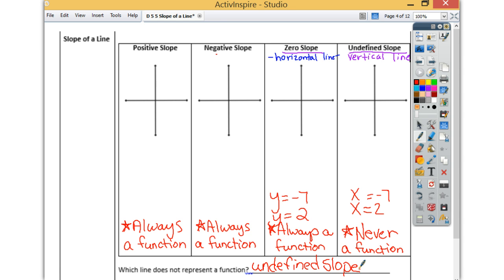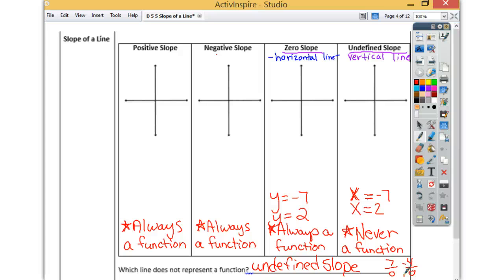And an example of an undefined slope is anytime it's just x equals a number. That's undefined. Or sometimes you'll end up with a slope, it'll be like 7/0, or maybe a -4/0. Anytime the 0 is on the bottom, is that possible? No, you can't divide by 0. That's not possible.